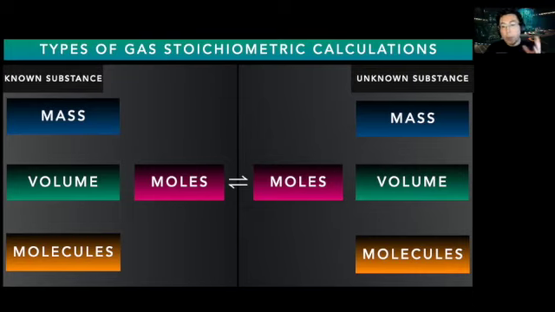Now, remember when we were talking about gas laws, we were talking mainly about the ideal gas law, which included pressure, volume, moles (n), a constant R, and temperature in Kelvin, right? So we're going to use these variables as additional information when doing stoichiometry calculations.